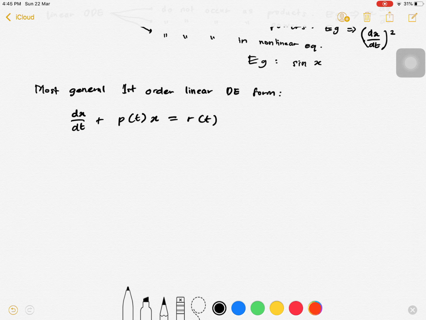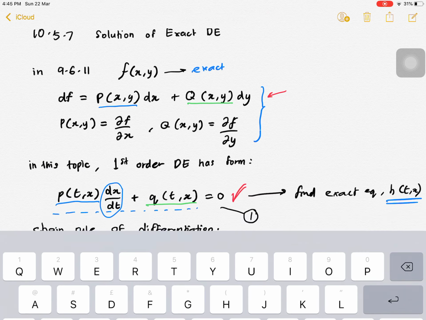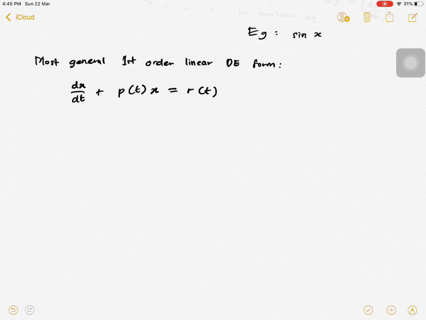In order to solve this, we can use a simpler form first, where we make the right hand side of this equation equal to 0. So let's solve that simpler problem first: dx/dt plus p(t)x equal to 0. We will not consider r yet.